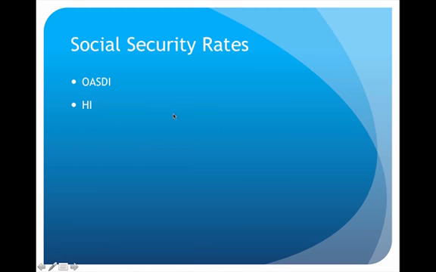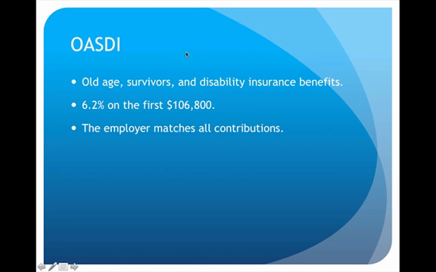Now, for the actual Social Security rates, we're going to have two different rates that will have to be calculated and deducted. We're going to have the OASDI as well as the HI. So we're going to take a look at each one of these individually. The OASDI component stands for Old Age, Survivors, and Disability Insurance Benefits. And OASDI is typically what people are referring to when they talk about Social Security. What rate are we going to use?